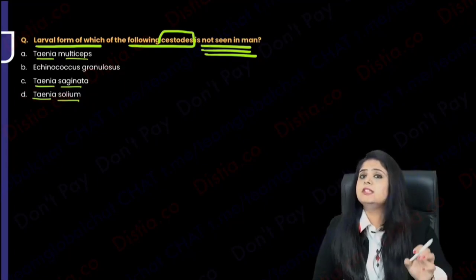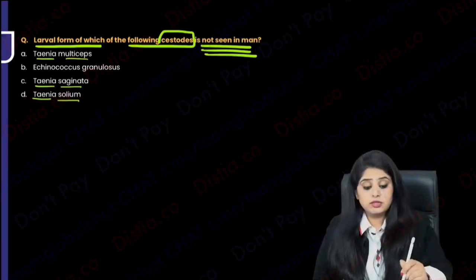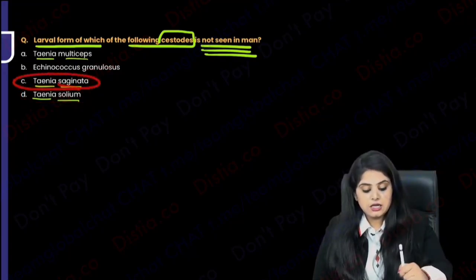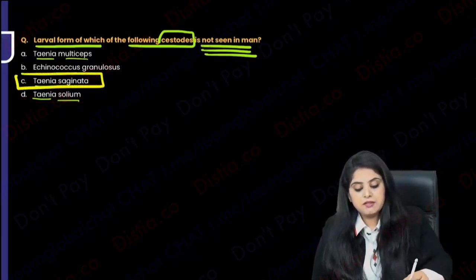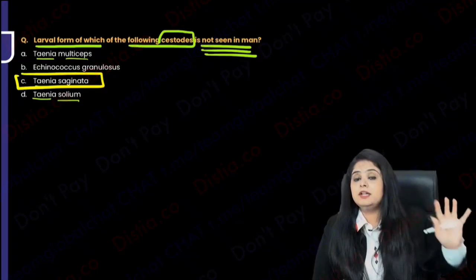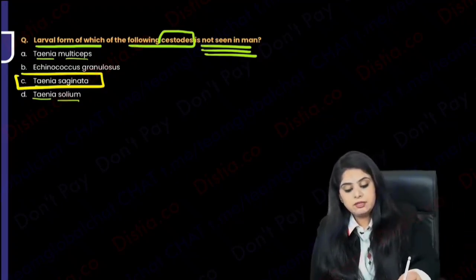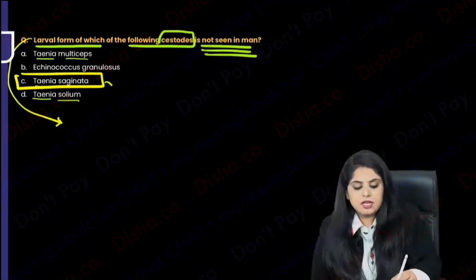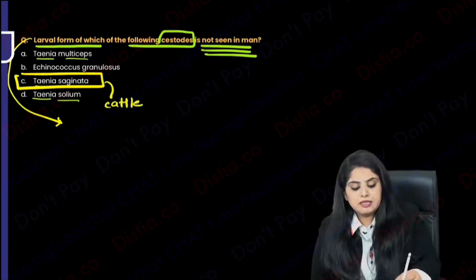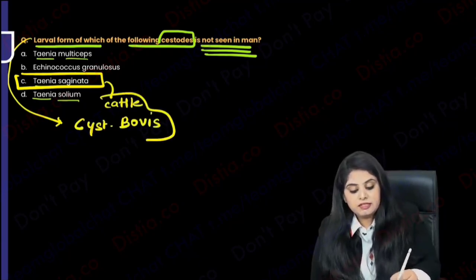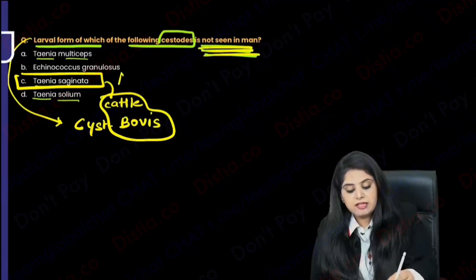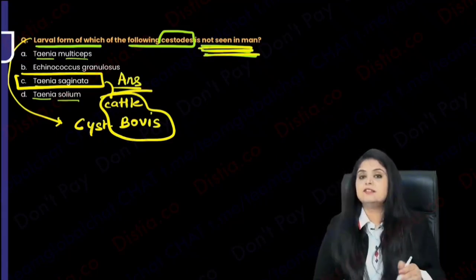The larva was seen in the animal also, in the human also. Taenia solium was everything. But Taenia saginata is something definitely limited only to the larva. Tell me the name of the larva. Saginata, ma'am, this was cattle. Cattle means this was Cysticercus bovis, and this was only present in the cattle. This was not seen in man. So that is the answer over here.